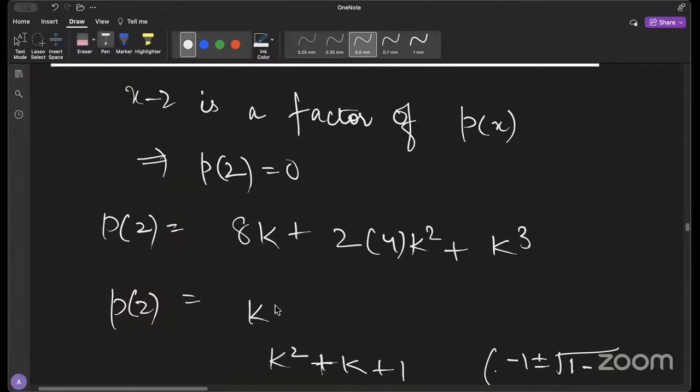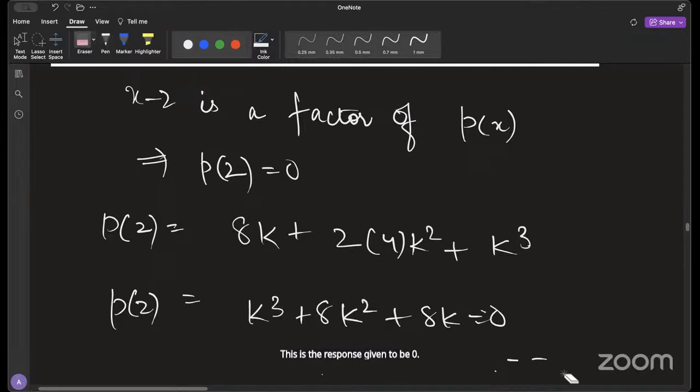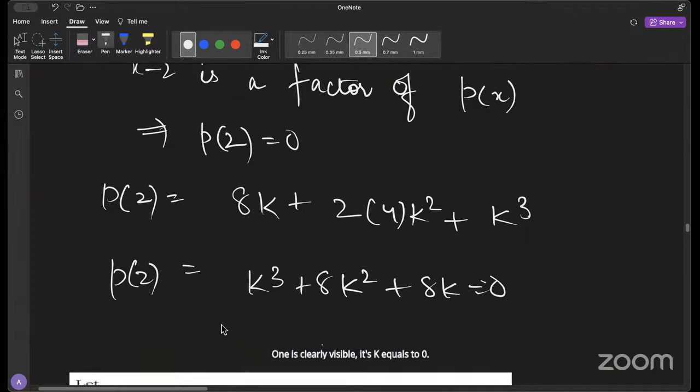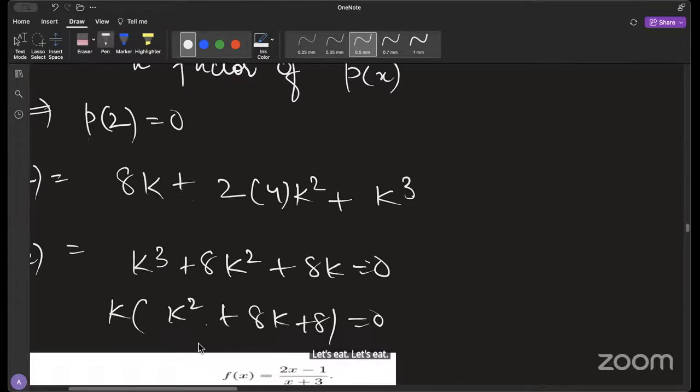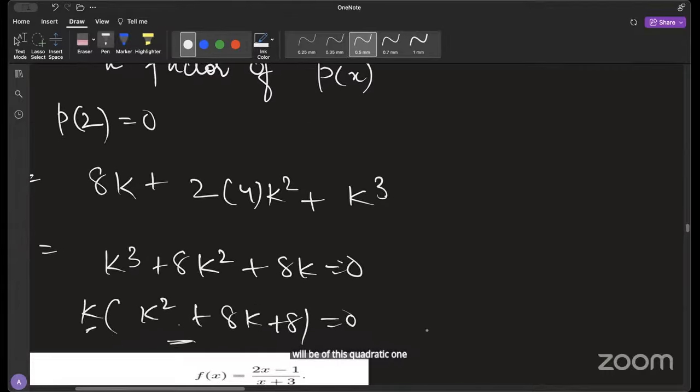It becomes k cube plus 8k square plus 8k, which is given to be 0. One root is clearly visible, k equals 0. So one is k equals 0, and the other is k square plus 8k plus 8 equals 0. The roots will be of this quadratic one and this linear one.